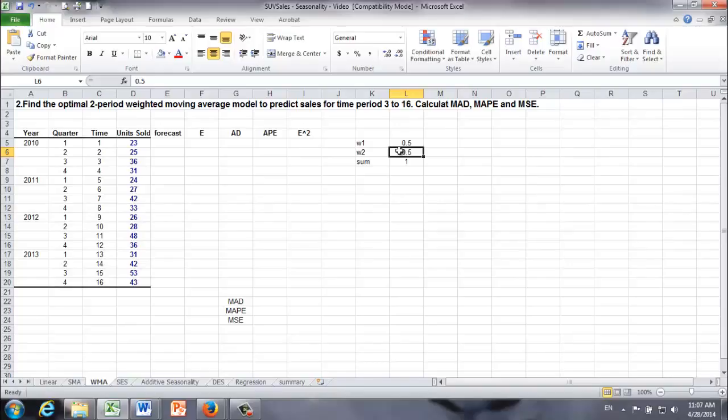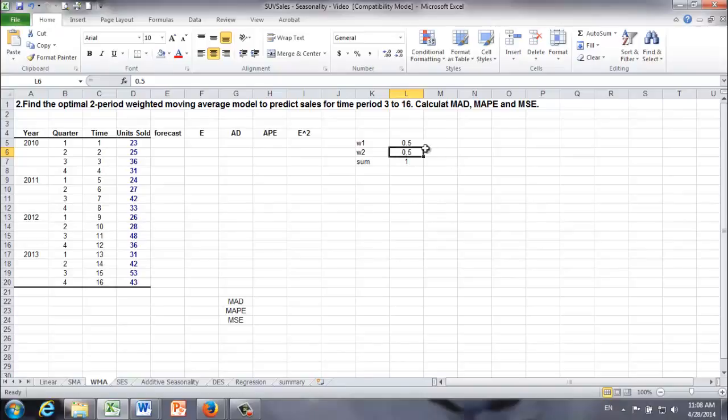What can we do? We're just going to pick a starting point for ourselves. For convenience, let's say W1 is 0.5, W2 is also equal to 0.5. If you want, you can use 0.4 and 0.6 or 0.2 and 0.8, and in the end, we're going to get the same number anyway.